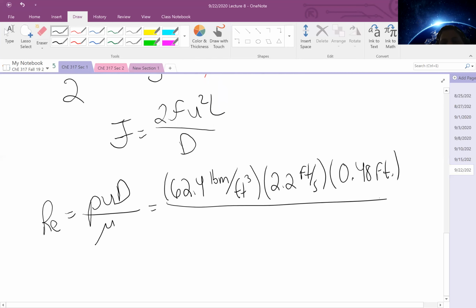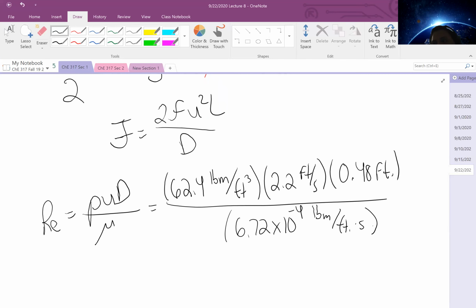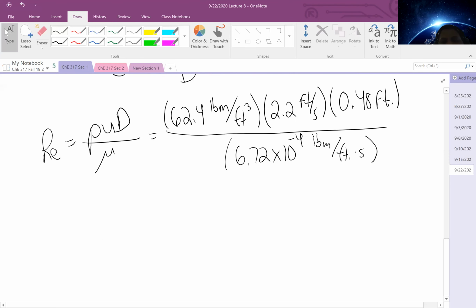And the viscosity of water is 6.72 times 10 to the minus 4 pound mass per foot second. I do that, I get a Reynolds number of approximately 98,000, which tells me it's turbulent flow.